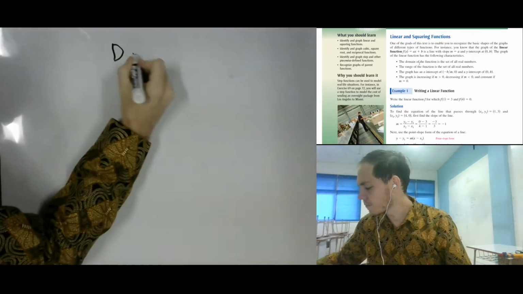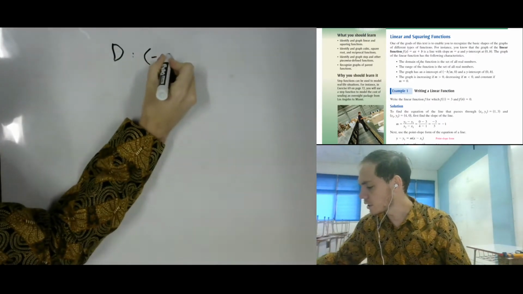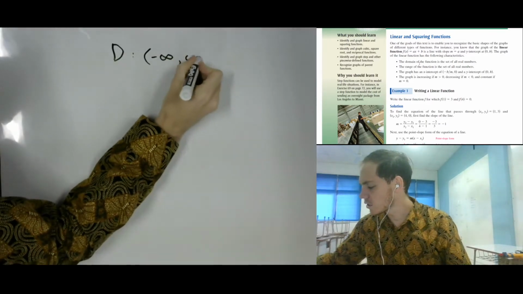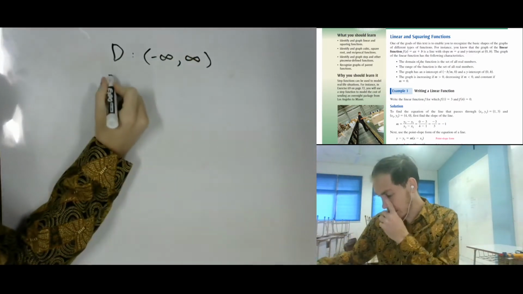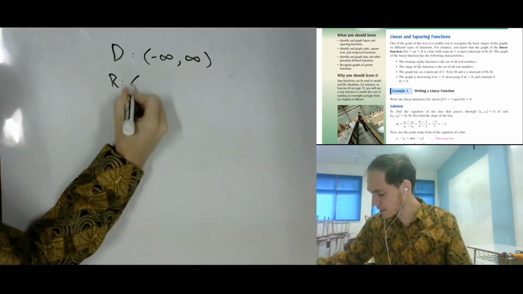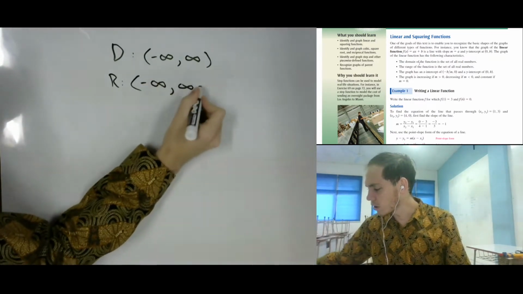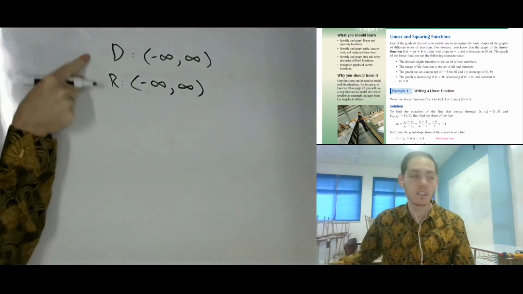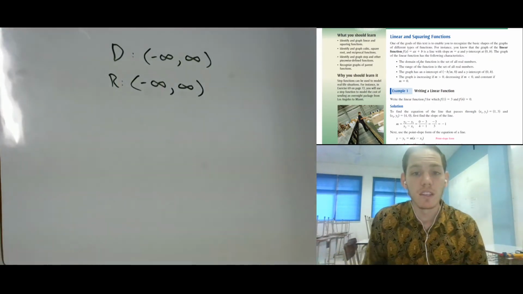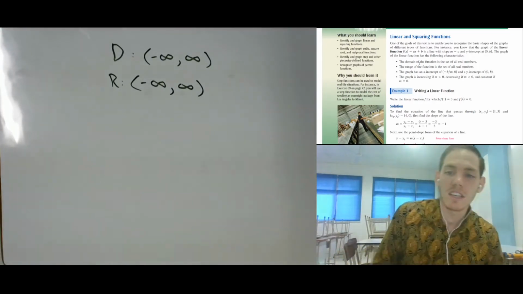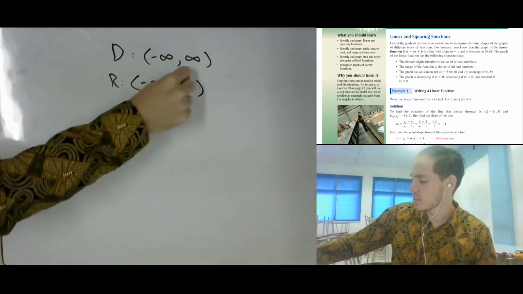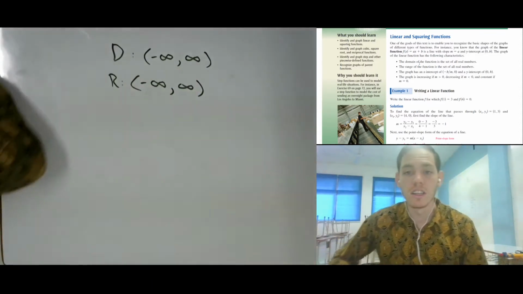So for the domain, the interval is from negative infinity to infinity. And the range is likewise, for linear and any polynomial function. The range of the function is the set of all real numbers. That's this right here. So this is our interval notation.